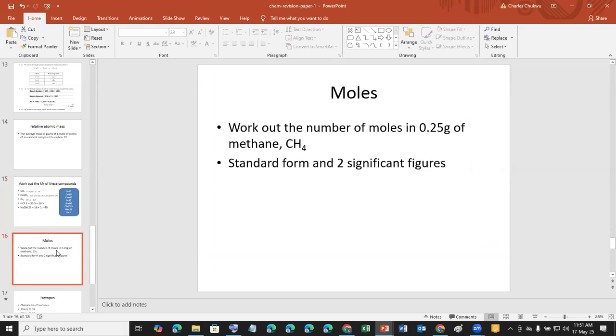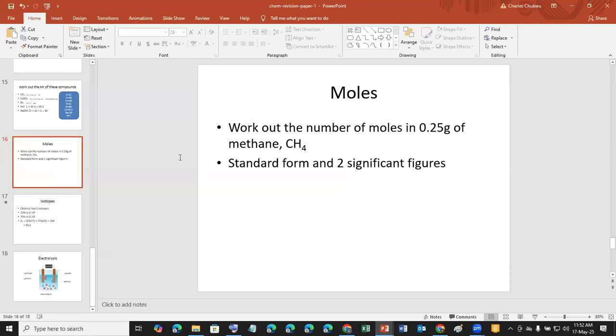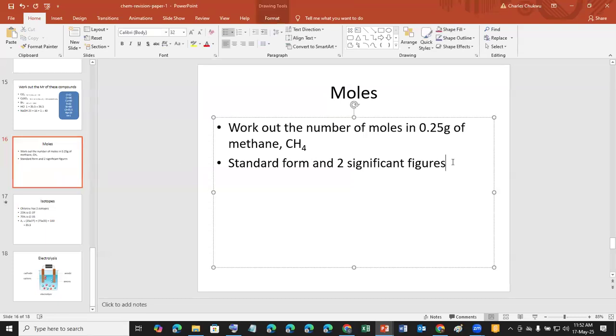It says: work out the number of moles in 0.25 grams of methane, in standard form and 2 significant figures. I'm not sure this question might come up, but let me see if I can solve it. We know carbon's mass is 12.